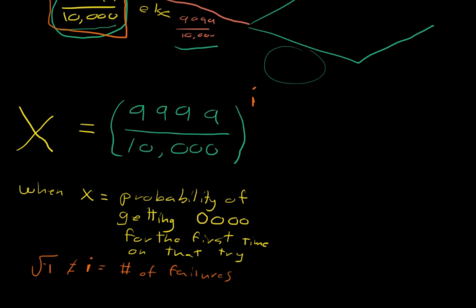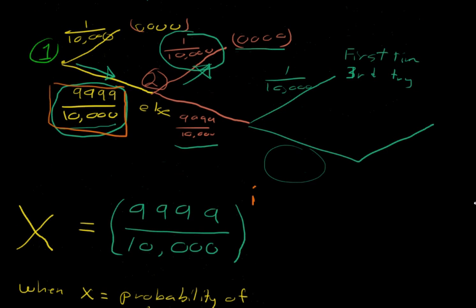Okay? So far in our equation here, we've said that the probability of getting it on a specific try is the probability of not getting it to the power of the number of times that you didn't get it. But we need one more thing. We've accounted for every possible downward step all the way to infinity because we have a variable here. But we need this final upward step. We still need to take this into account.